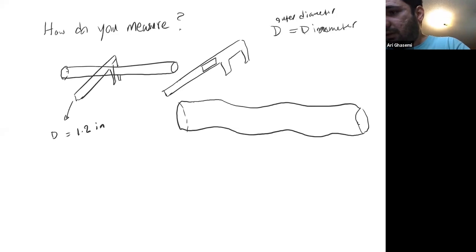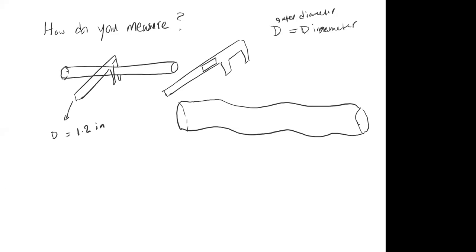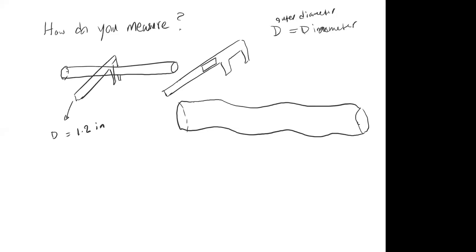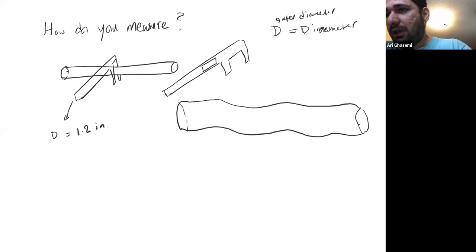Would it not be better if you took 4 or 5 measurements of the same bar and then took an average to get the diameter? Exactly. That's exactly what we are going to explain right now. I was trying to reach this conclusion, that we need to do multiple measurements all the time and then take the average.